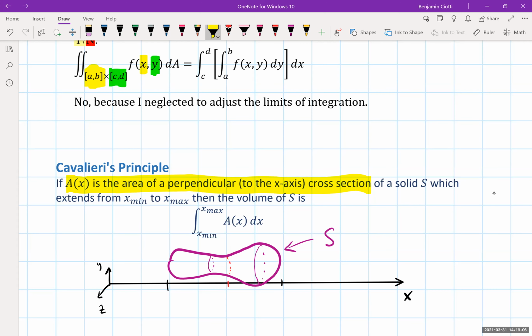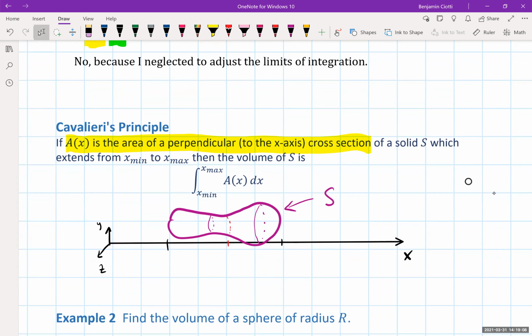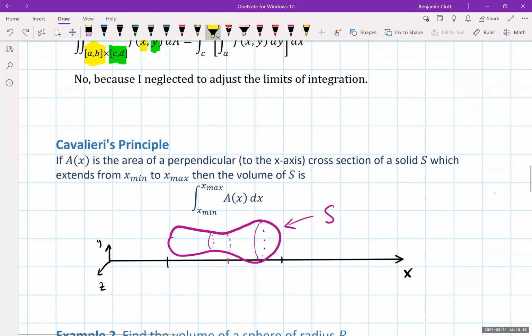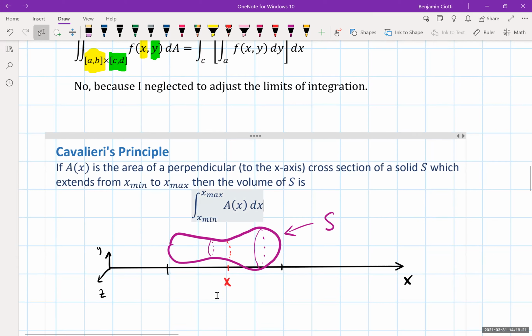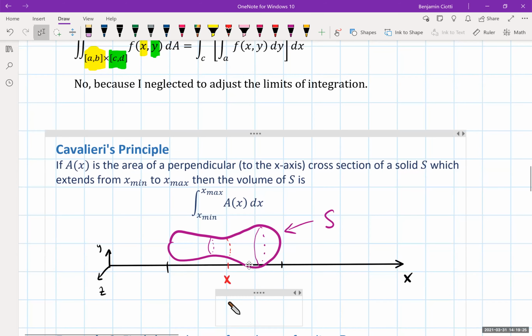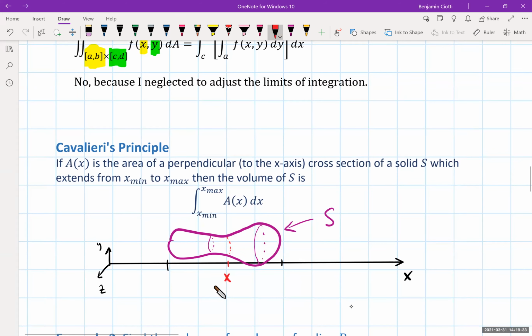That is to say, if I label the x direction as pointing that way, then if you pick some point, let's call it x, and imagine taking a knife and slicing this shape vertically right here, you see a cross section.